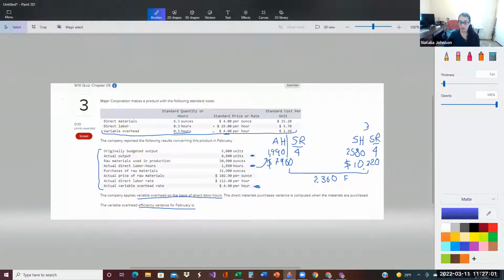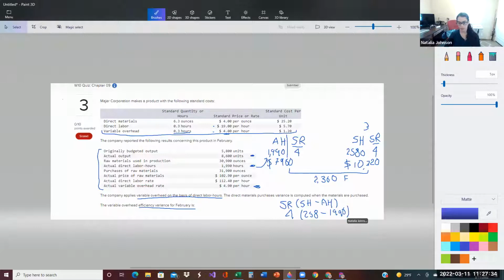The other thing you can do is also use the formula. So the formula is standard rate, because now we have that number in common, times standard hours minus actual hours. So that'd be 2,580 minus 1990.